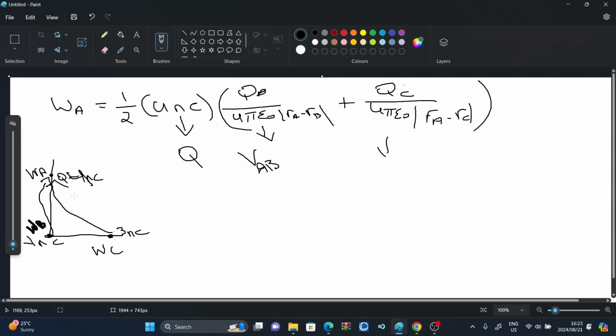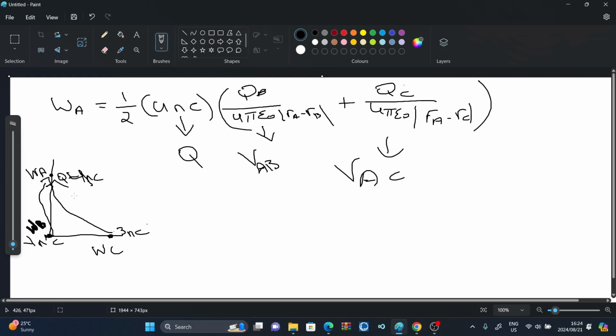So that will be the voltage between A and C. Then that's our voltage for A.